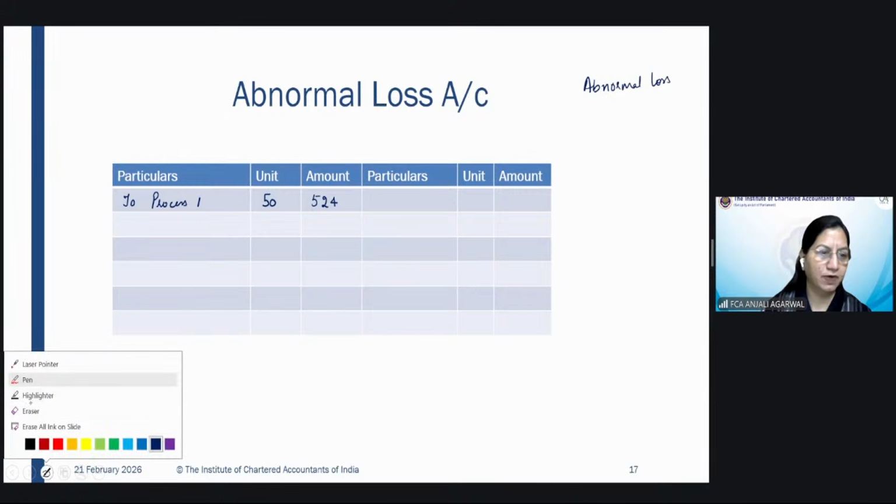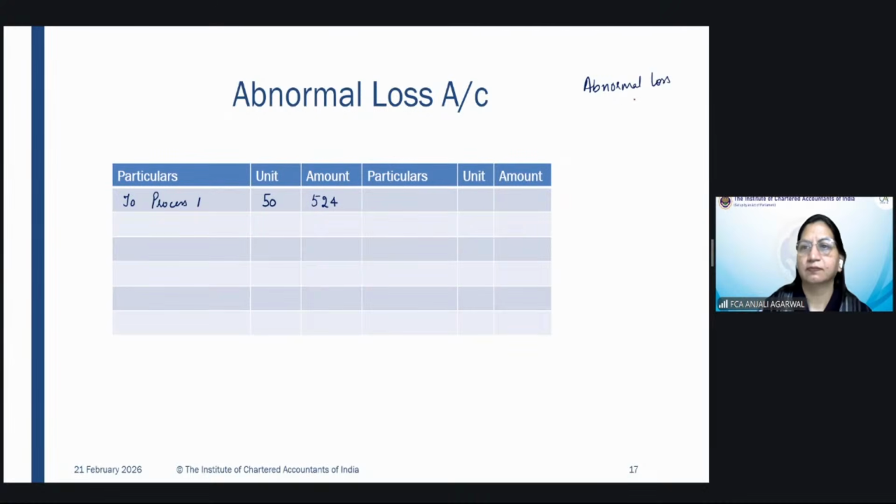What is the treatment for abnormal loss? Transfer to costing profit and loss account. If we are keeping a non-integrated system, transfer to costing P&L account.